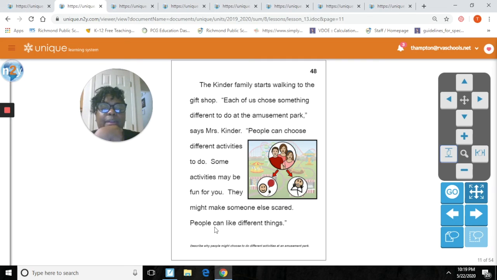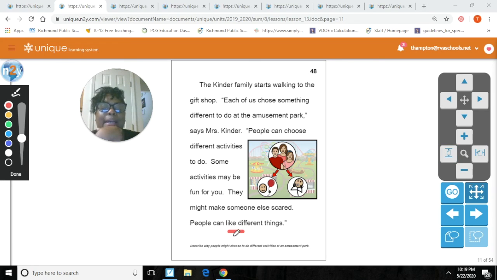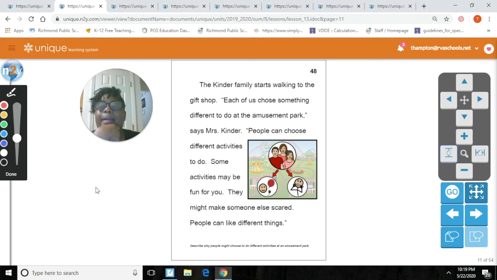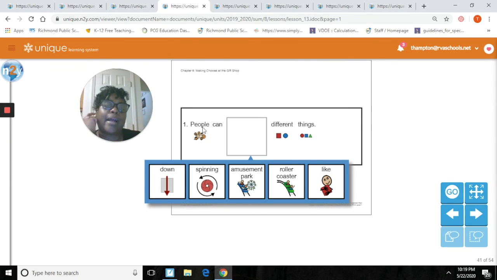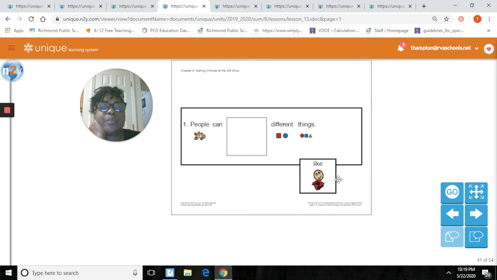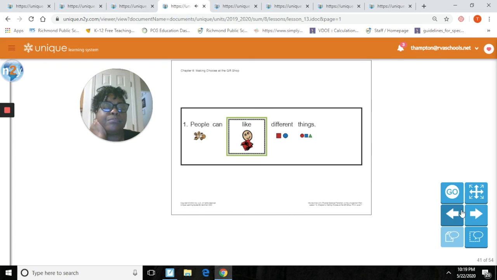And we see right here that people can do what? Like different things. Okay? So our key word to look for was people, because that was one of our focus words in the question. So we're going to put like there. Okay.